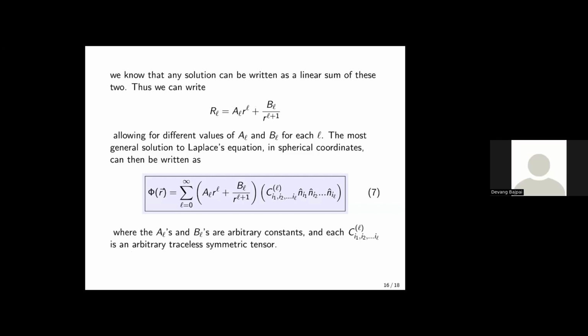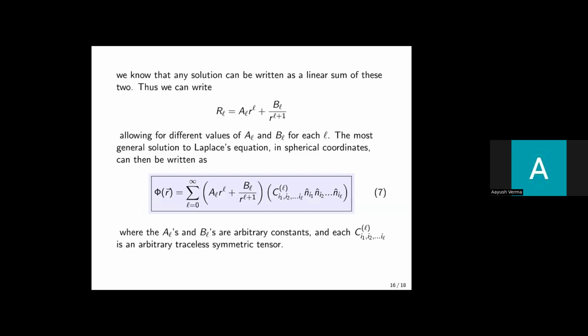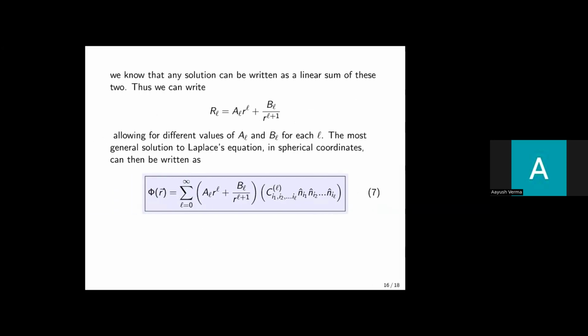But using traceless symmetric tensors, you are finding a general solution. Why only traceless symmetric tensors? Like, why not trace? If you have a trace tensor, you can make a traceless tensor by subtraction of 1 by 3 delta. I told that earlier: it is not important to have traceless.